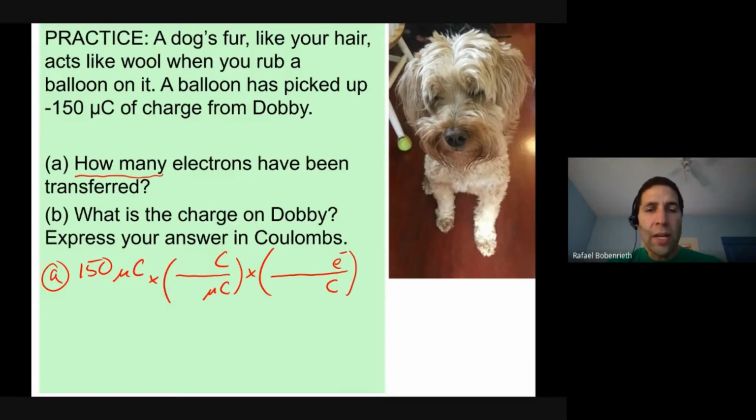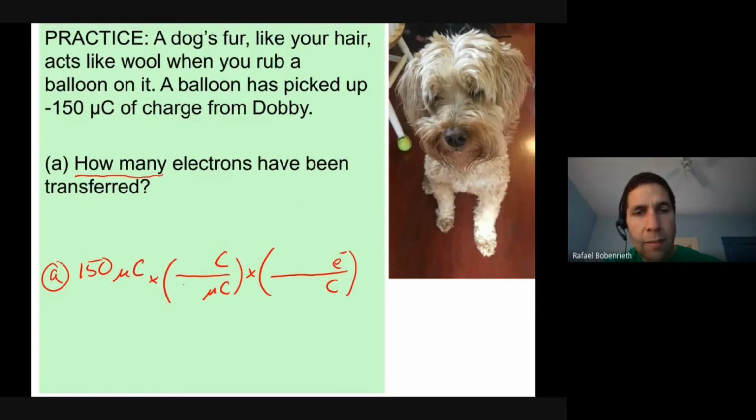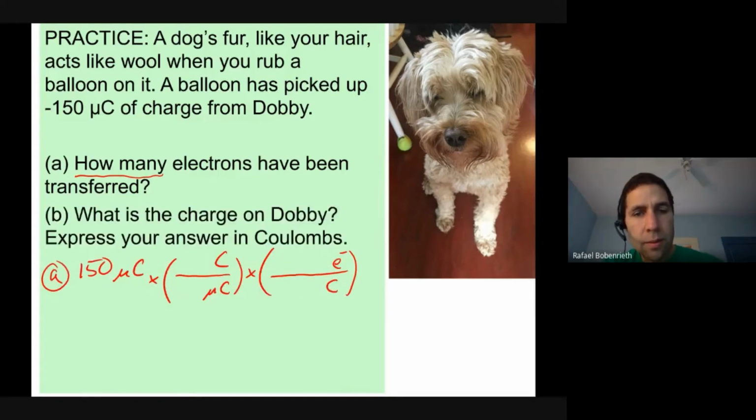Now, if you take out your handy-dandy metric conversion, we know that 1 times 10 to the 6 microcoulombs is 1 coulomb. And then we know from the previous slides that 1.6 times 10 to the negative 19th coulombs is 1 electron.